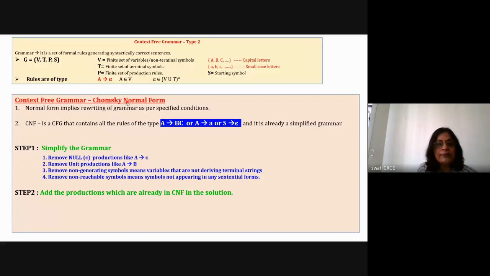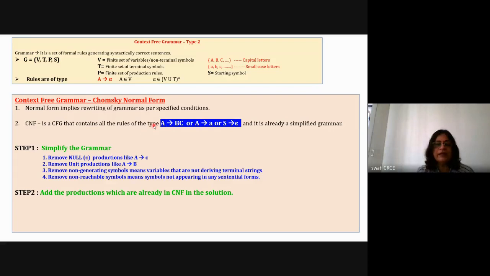One of the types, as per the syllabus, is the Chomsky normal form, and the other one is the Greibach normal form. So in tomorrow's lecture we're going to learn about Greibach normal form. Greibach normal form is complicated, and in this whole chapter on context free grammar, it's the most difficult topic, because there are multiple steps and you need to remember the sequence of the steps, and they are a little complicated compared to Chomsky normal form.